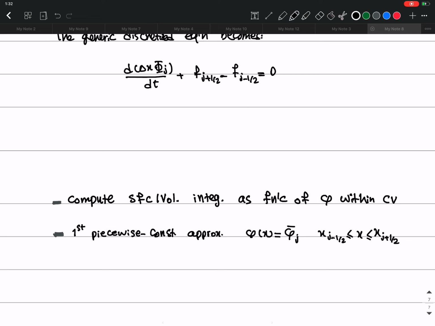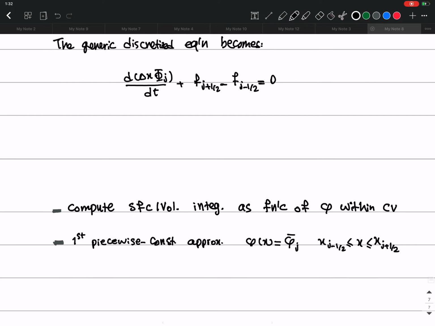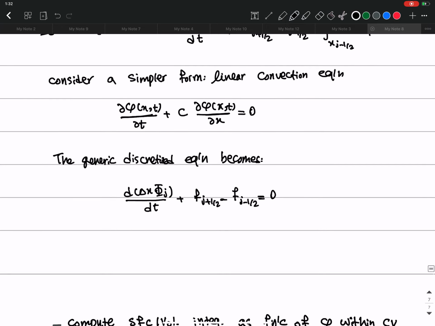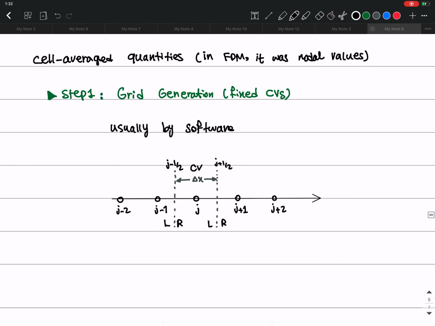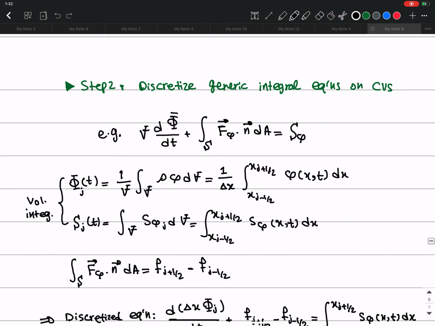This is the first piecewise constant approximation. I'm just going to assume that phi x might vary within this, right? It can be up and down. For example, it might vary here. I'm just going to assume it's the average value of that. So if this is phi x, I'm just going to assume it is the average of that.